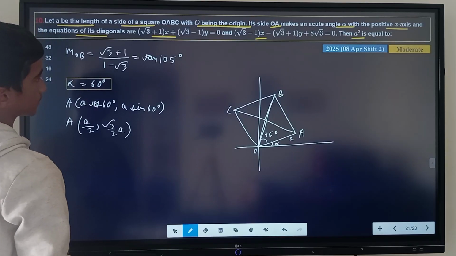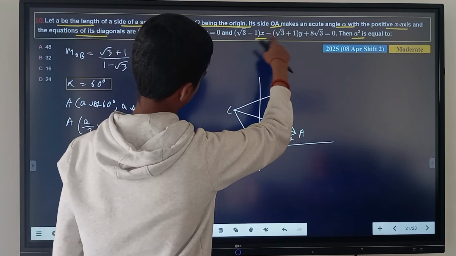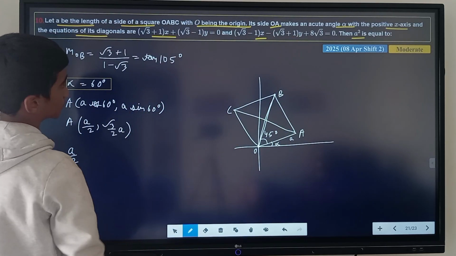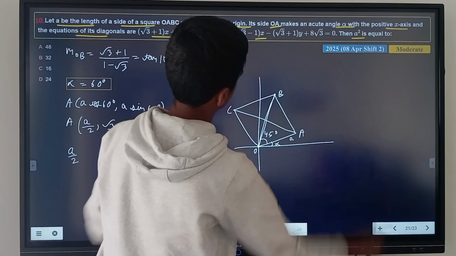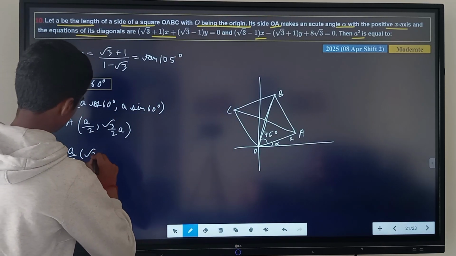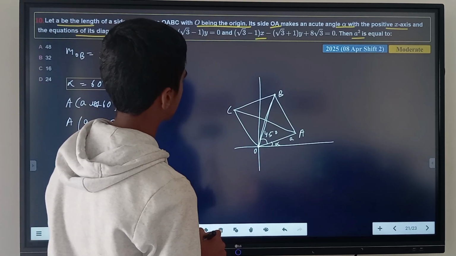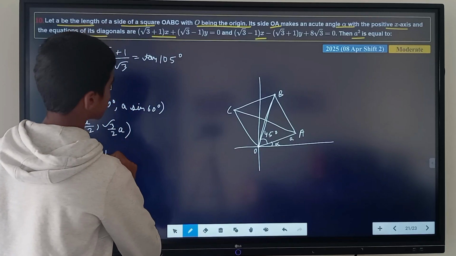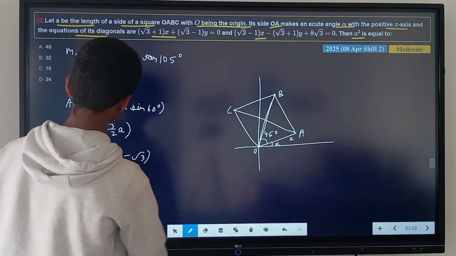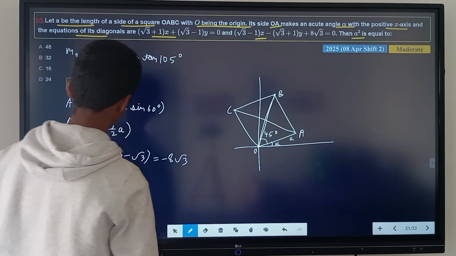Now let's take a upon 2 common from these two terms. When we take a upon 2 common, we are left with root 3 minus 1 and minus 3 minus root 3, is equal to minus 8 root 3.